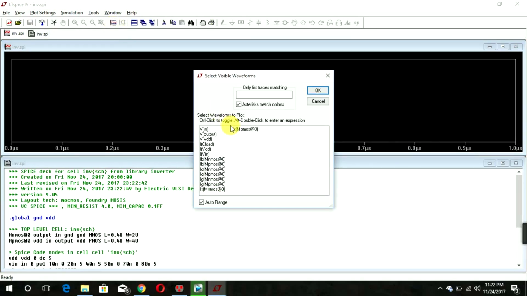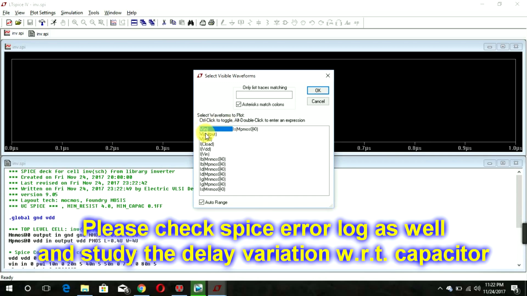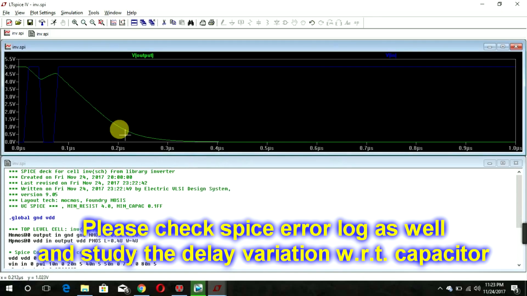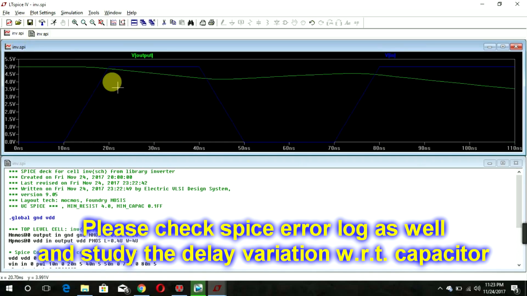So we are increasing the capacitance, and that's how our output looks. Very ugly, right? It's not acting like an inverter anymore. Just because we increased the capacitance, it's not functioning properly.